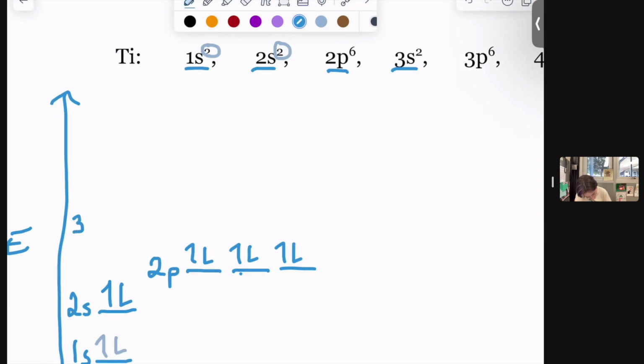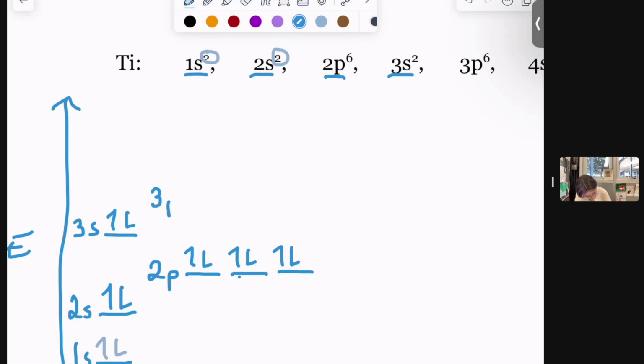Again, a little bit higher energy. 2 electrons, 1, 2. 3p with 3 suborbitals. 6 electrons, 1, 2, 3, 4, 5, 6.